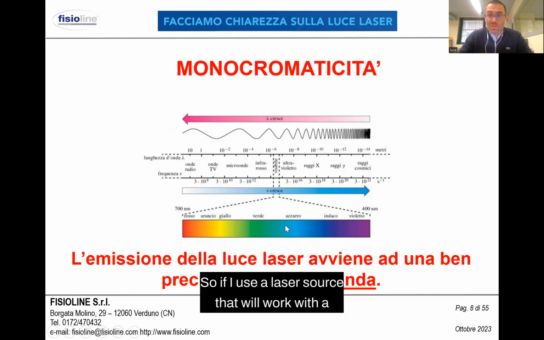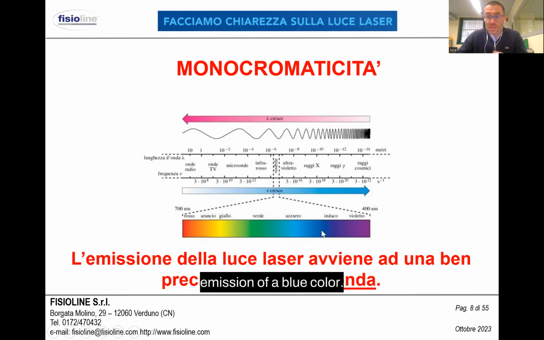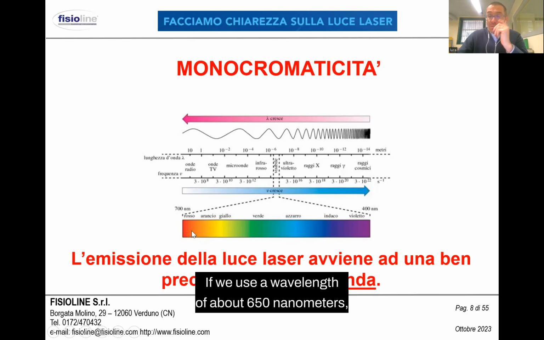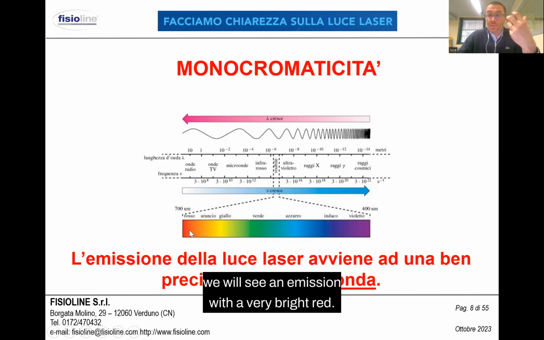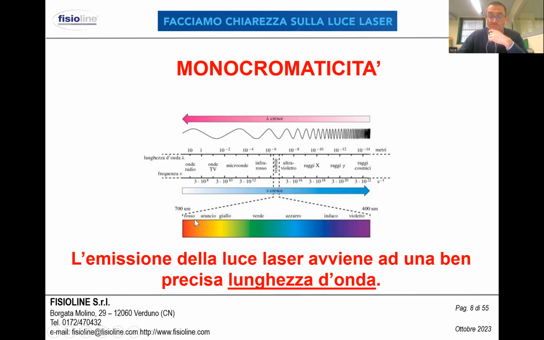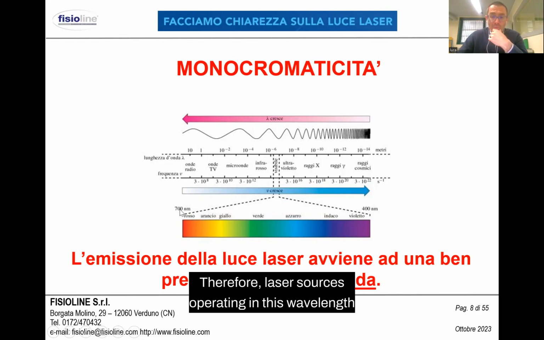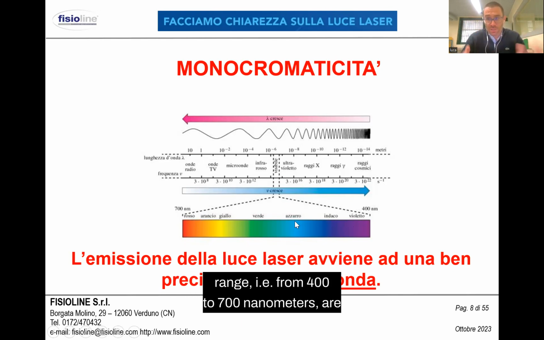If I use a laser source that works with a wavelength of, say, 450 nanometers, I will see an emission of a blue color. If we use a wavelength of about 650 nanometers, we will see an emission with a very bright red. Therefore, laser sources operating in this wavelength range, from 400 to 700 nanometers, are visible to the human eye.